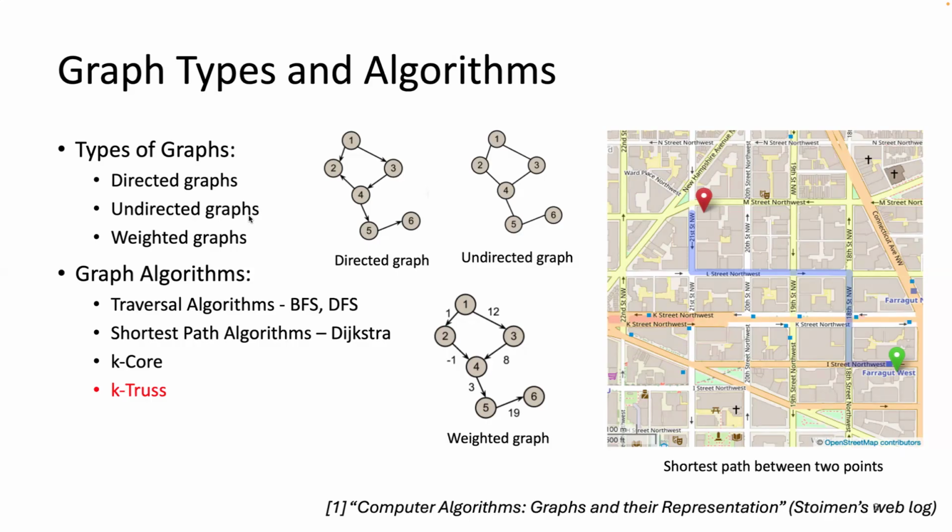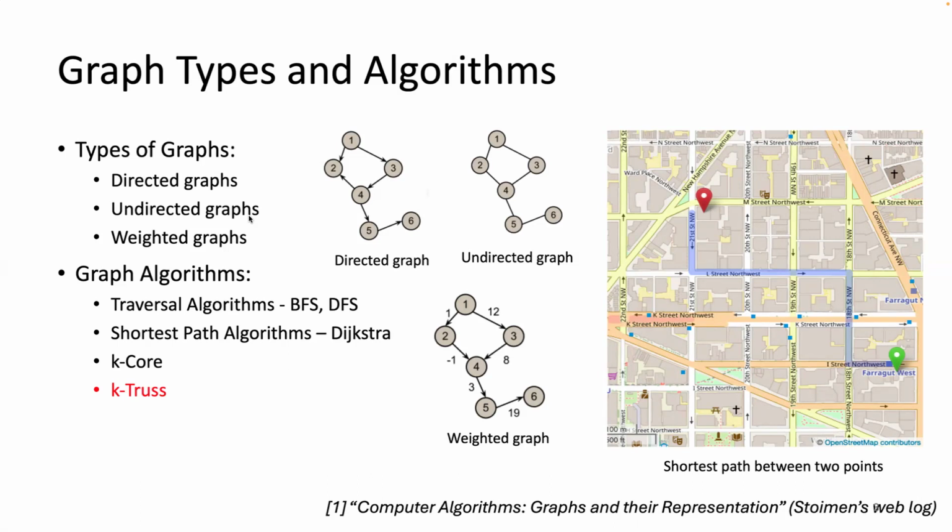While the undirected graphs don't have directions, as shown in the picture. The weighted graph has weights on its edges, just to show the weight, the quantity, or the length of the edge.